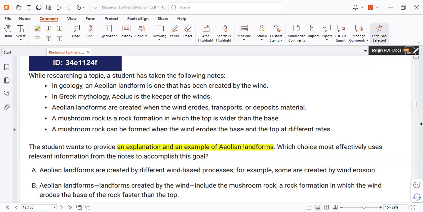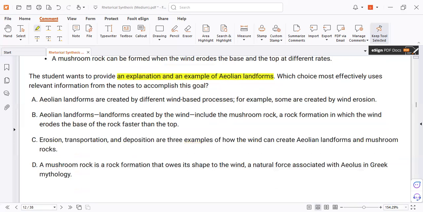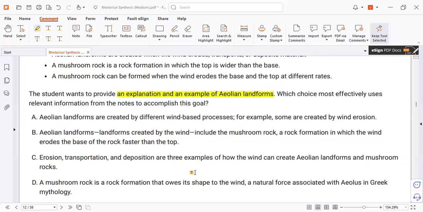The answer is C. It's the letter C. I don't think so. Letter C, he mentioned the examples, but what is the explanation?